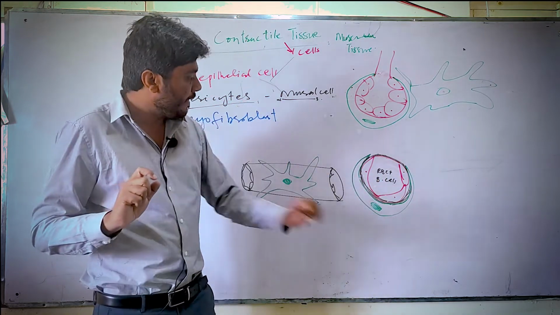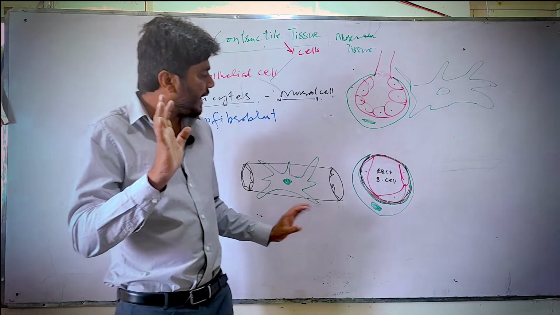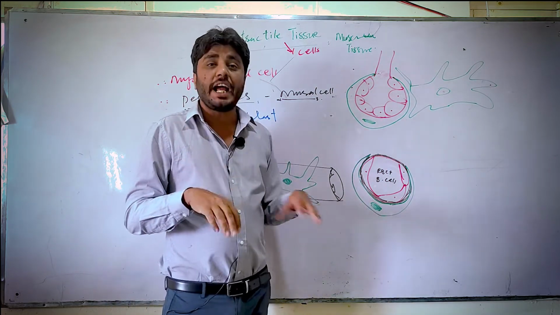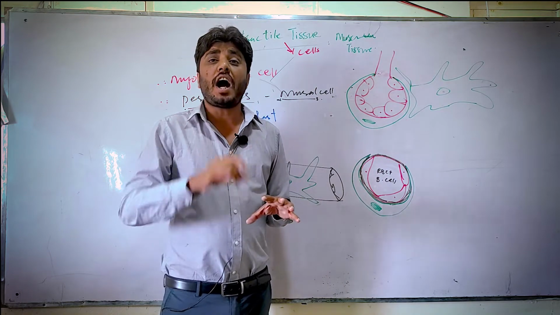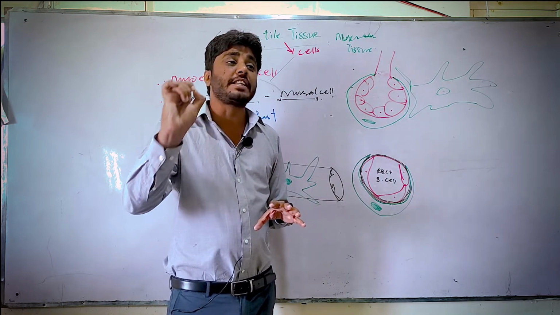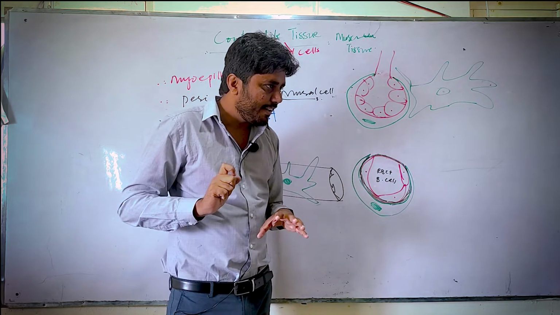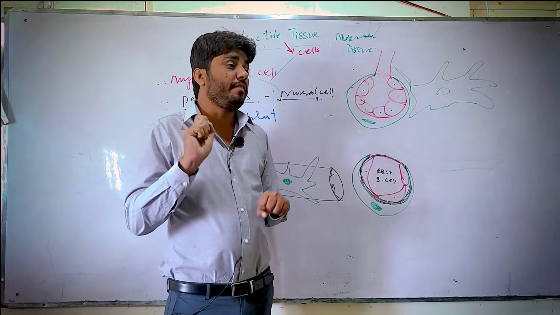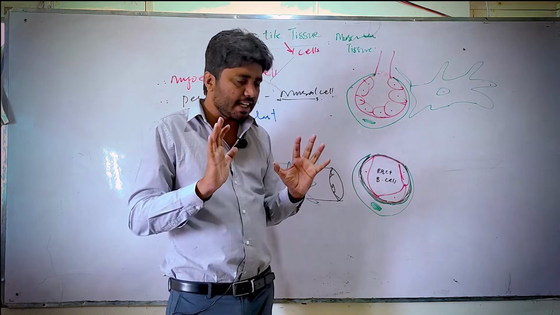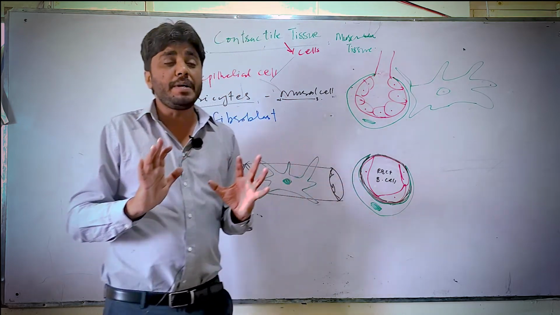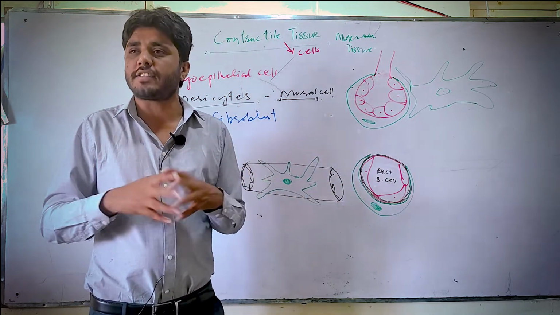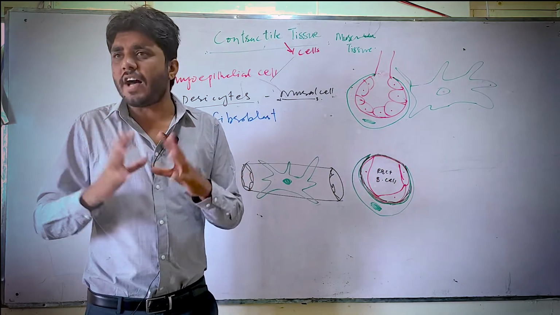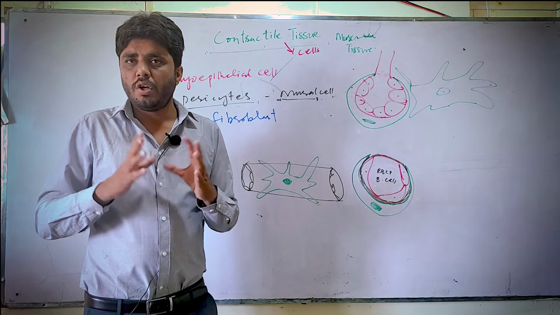Next, another important thing, which is striking for me: people believe these cells are undifferentiated mesenchymal cells. If there is a need, this cell can differentiate into osteoblasts, chondroblasts, and so on.